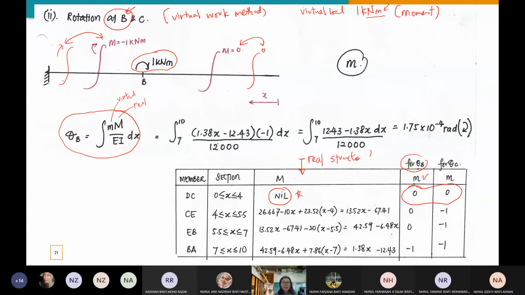Then you apply the appropriate EI, and you get the value. The value is positive, meaning that the direction you have assumed is correct, and the unit for this rotation is radian.